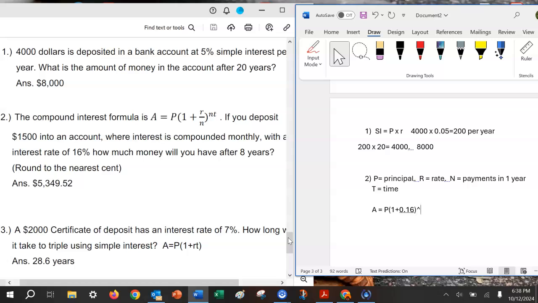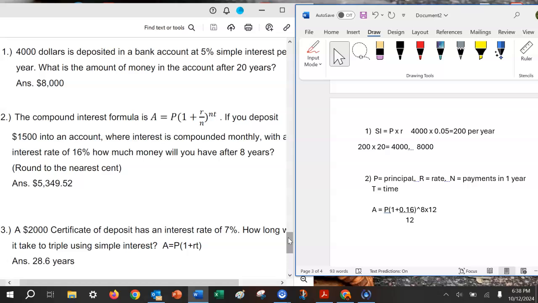So I'll have N times T. I'll do T first. T is 8 years. So the N, it says compounded monthly. So that's once a month, so that's 12. Now I'm going to go underneath this and put my 12. That way it looks something like a fraction.